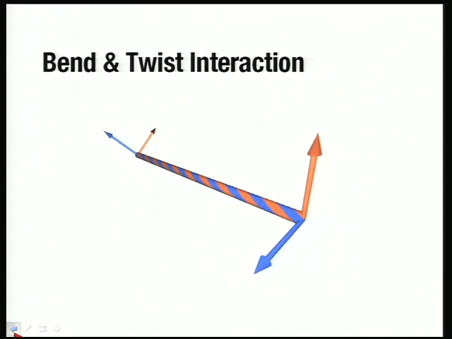So to do that, we're going to look at this following experiment, where we take a straight piece of elastic rod and we twist both ends and we hold these ends fixed. And now we're going to look at the twist-free frame and how that changes as we change the center line. So here we see the twist-free frame. Obviously for a straight rod, it's just going to be the same everywhere.